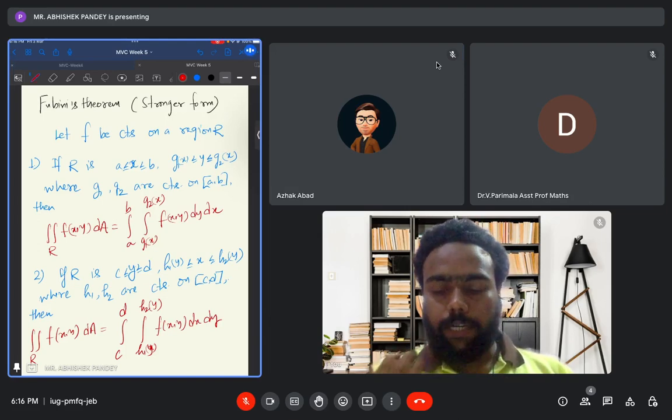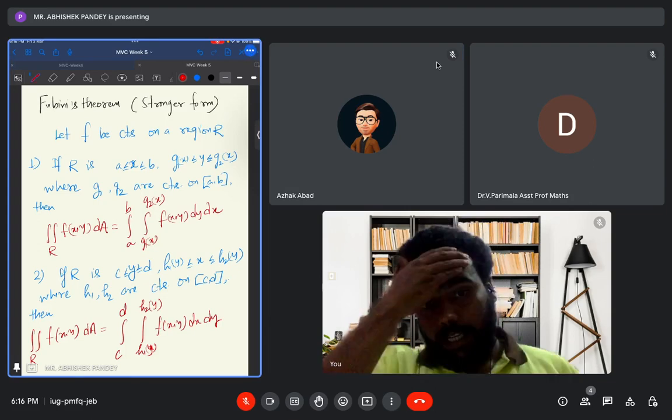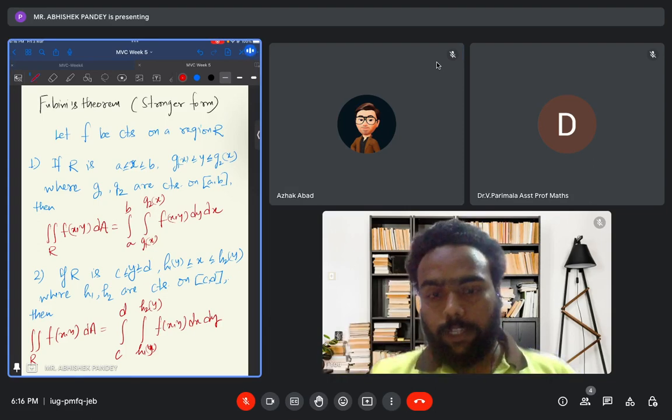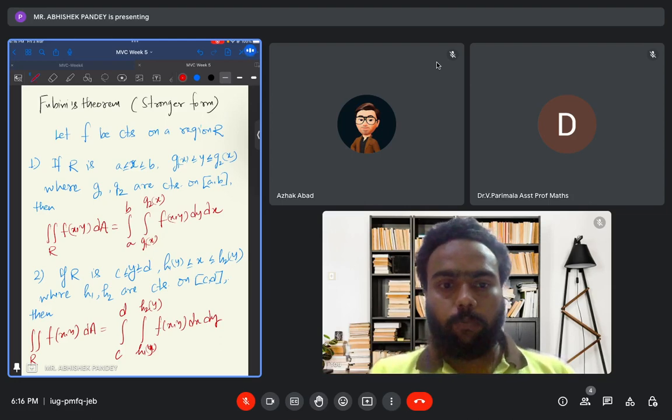Now we'll see change of order of integration. Sometimes the double integral that is given is quite difficult, almost impossible, to integrate in the original form.